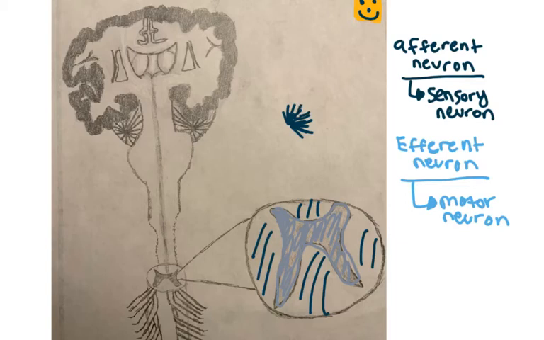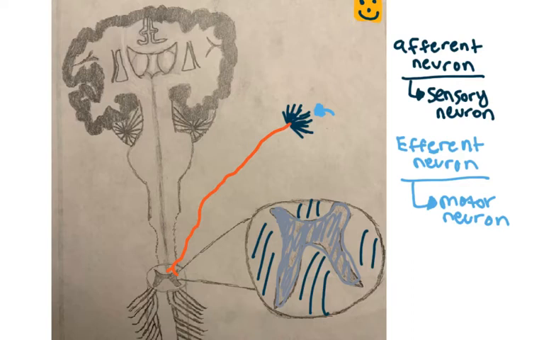Those pain signals will send graded potentials down the dendrites, which will trigger an action potential. Notice I'm not drawing the soma right now because the soma is not in that specific spot. The axon is going to project all the way down to the gray matter of the spinal cord.